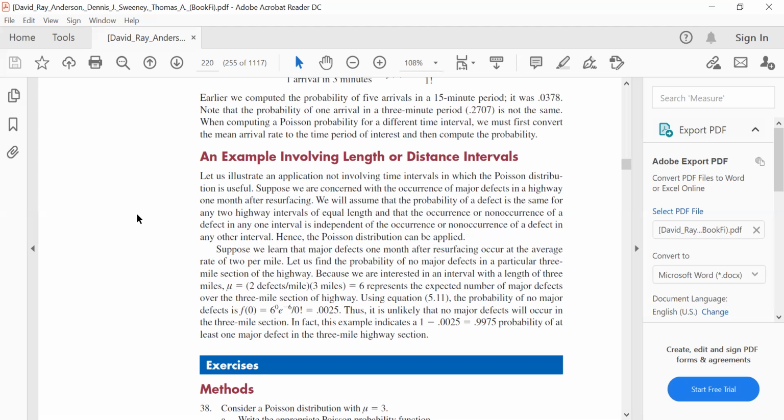Thus it is unlikely that no major defects will occur in the 3-mile section. In fact, this example indicates a 1 minus 0.0025, that is equal to 0.9975 probability of at least one major defect in the 3-mile highway section.